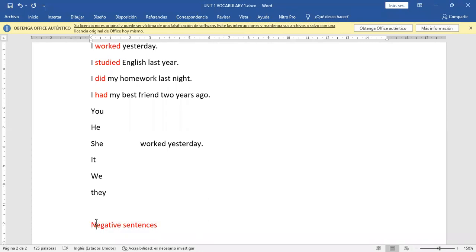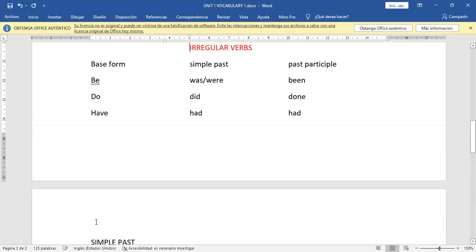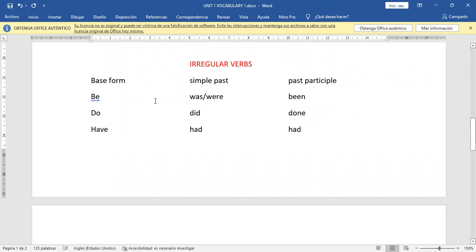In negative sentences, my friends, we have to use did. We use did as an auxiliary. In affirmative sentences, did is the verb, but when we talk about negative, we use did as an auxiliary verb.